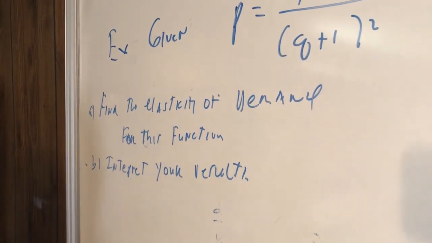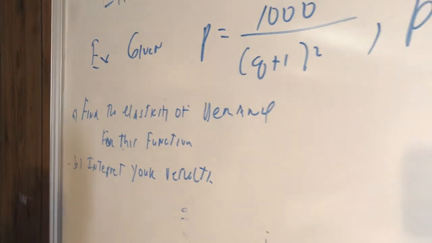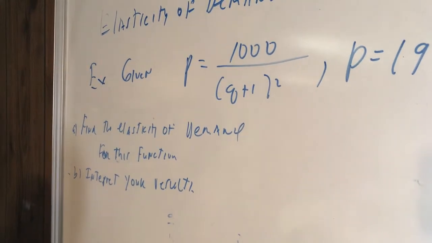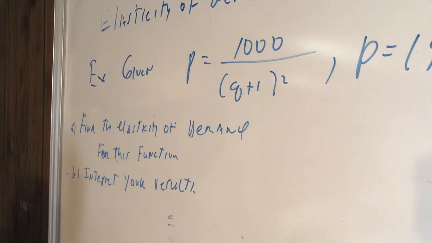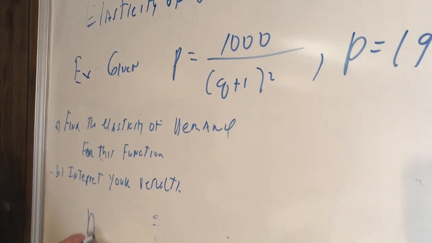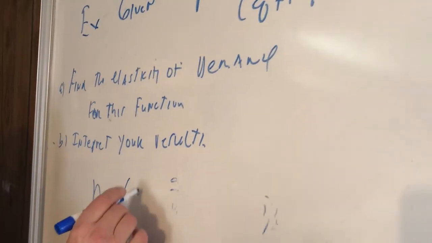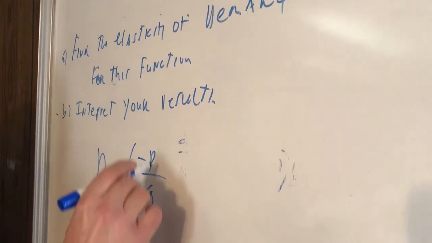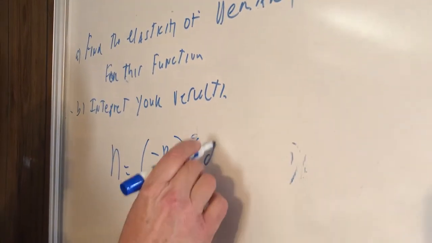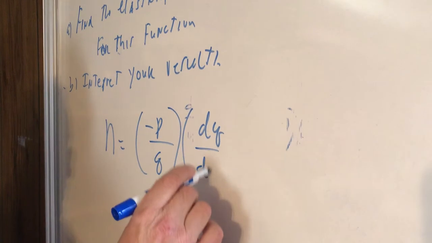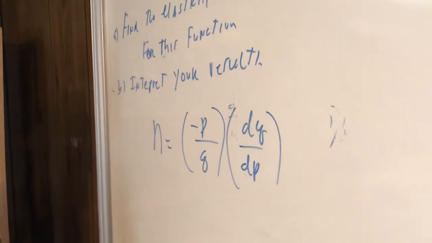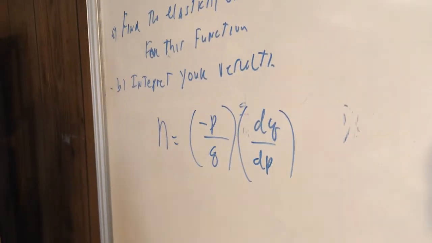3 minutes. Now, what is the elasticity of demand equation that we really need? That is given like this, minus P over Q, times dQ/dP. Well, I'm given P equals 19.